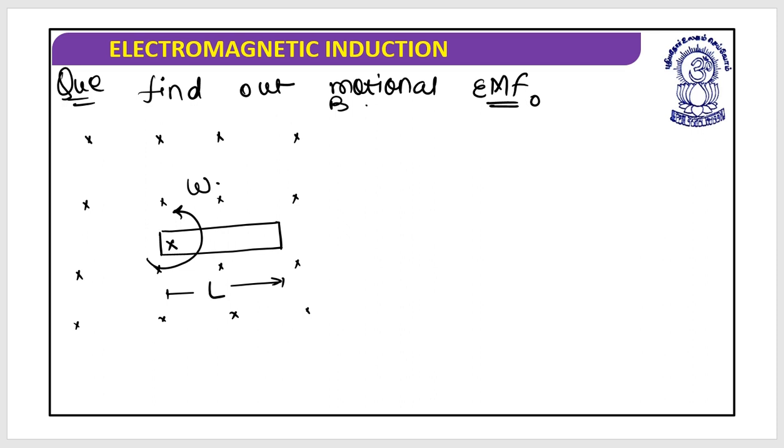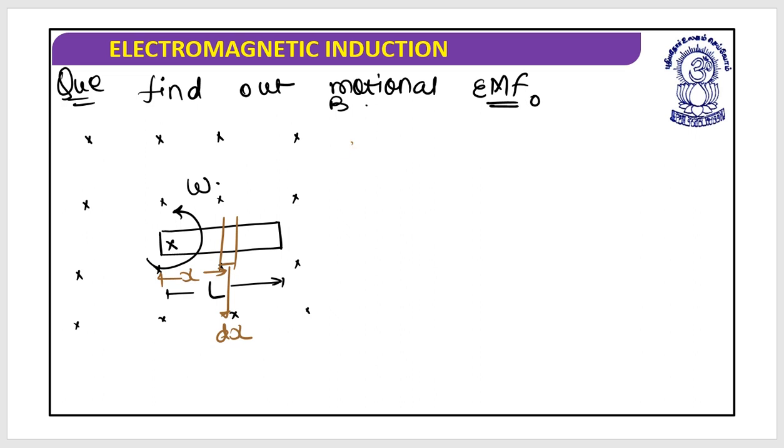So what I understand is that first you need to consider a small segment, with thickness dx, at a distance x, and write down the motional EMF for this element only.